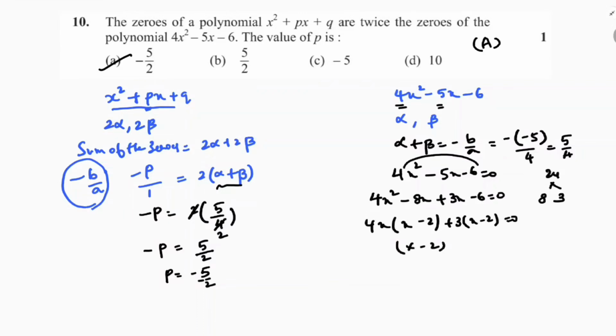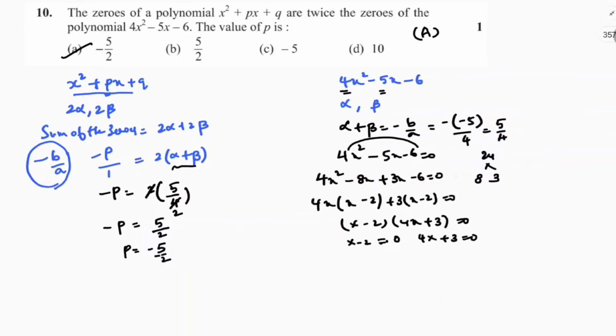So x minus 2 into 4x plus 3 equals 0. x minus 2 equals 0 or 4x plus 3 equals 0. So x equals 2, x equals minus 3 upon 4. So these are the two zeros, alpha and beta.